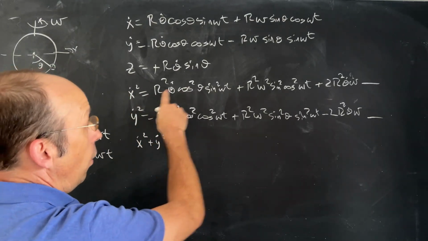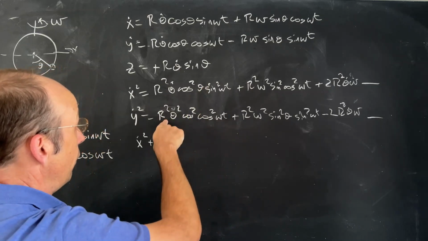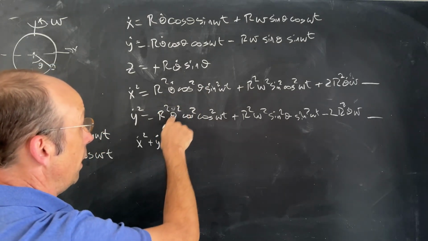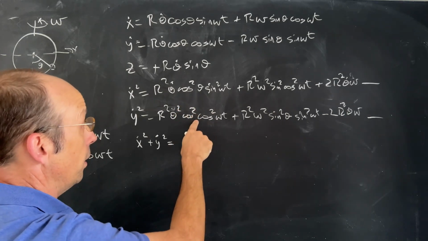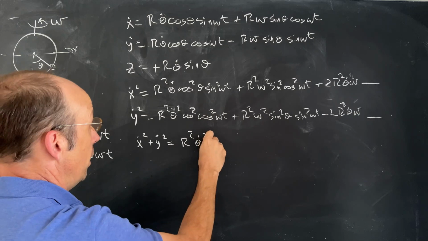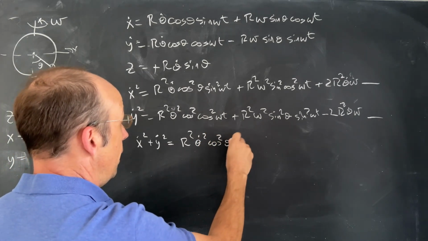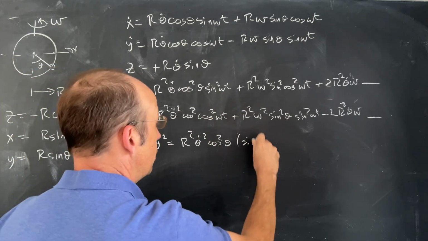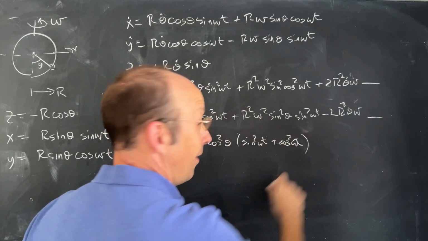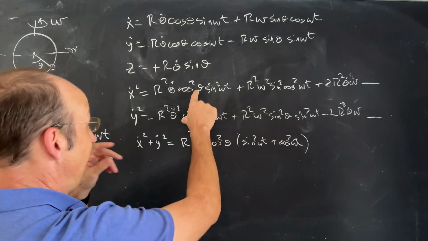Okay, so now those terms are gone. Right here, I can factor out r squared theta dot squared, cosine squared theta. So let's write this as r squared theta dot squared cosine squared theta, and then I have sine squared omega t plus cosine squared omega t. Well, that's nice. Okay, so that's that term right there.